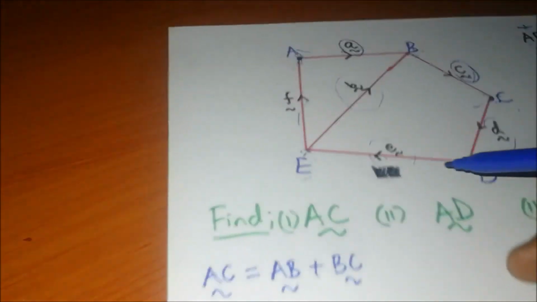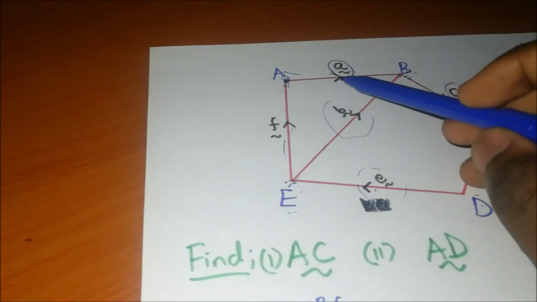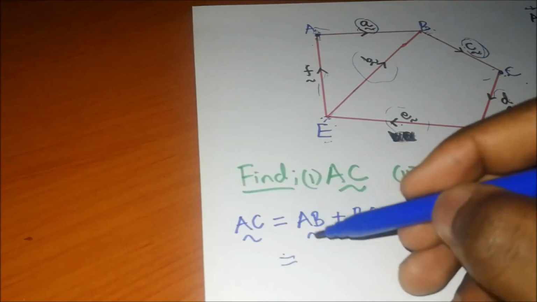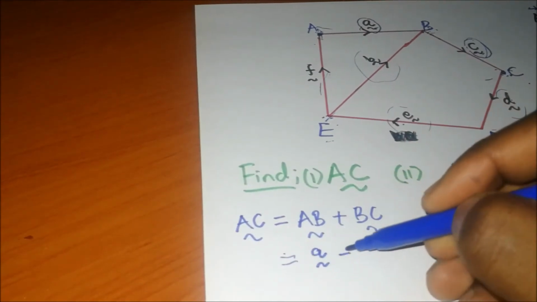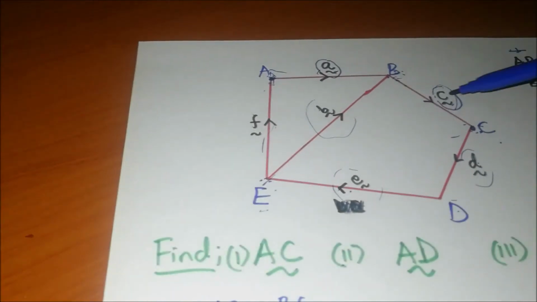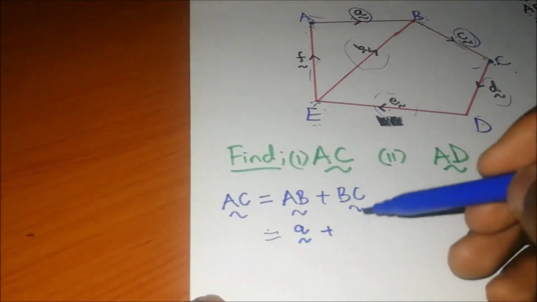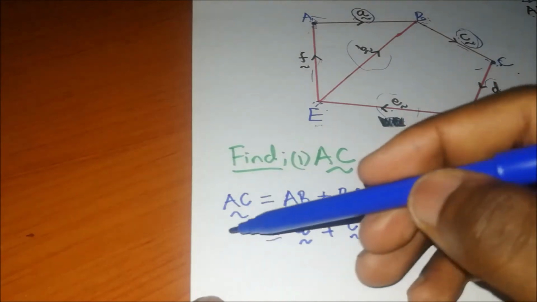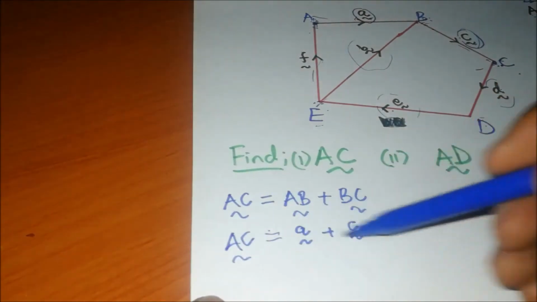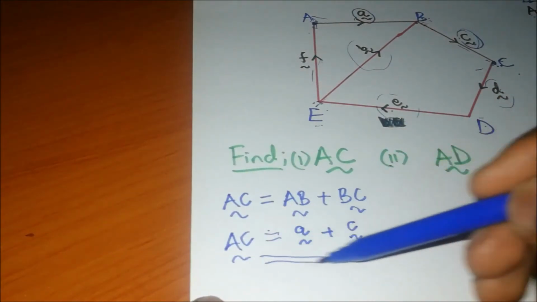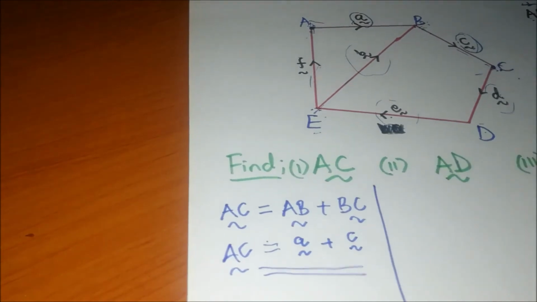And what is AB? AB has been baptized as A. So AB here is A plus BC. BC has been baptized C, and it's in that direction. So I would come here and write C. So I can say SC is given by that. And that's my answer.